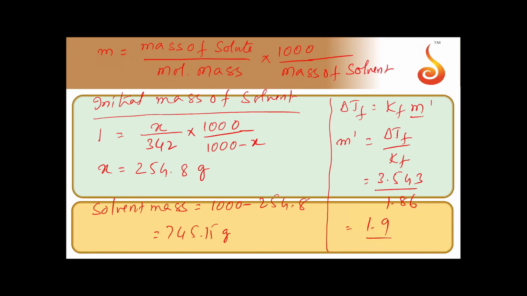From the new molality, we have to find out new mass of solvent. So therefore, m dash is equal to 1.9, which is equal to mass of solute will not change. Solute remains same only. So 254.8 is same by 342 into 1000 by, now mass of solvent here means new mass of solvent.